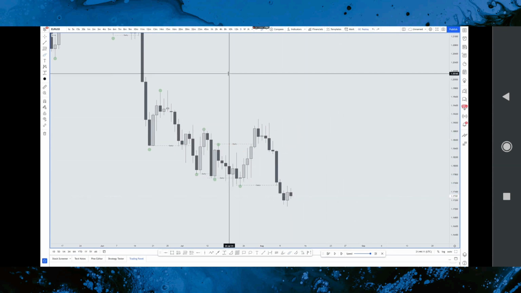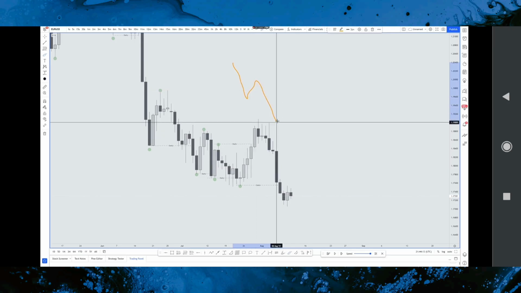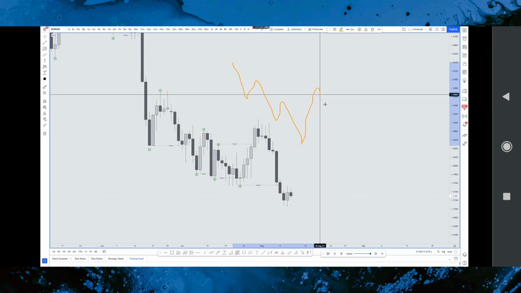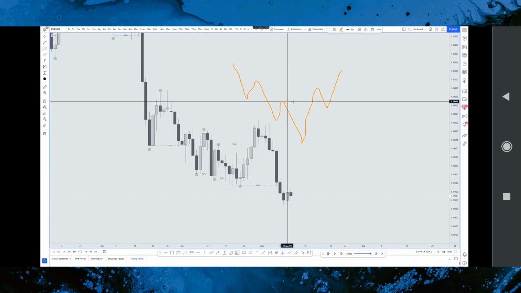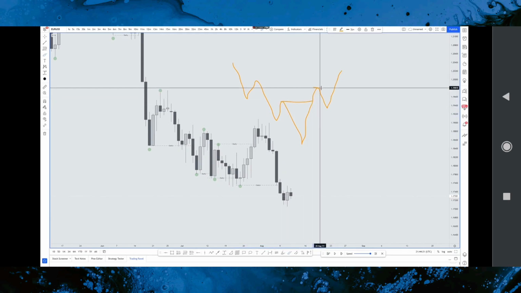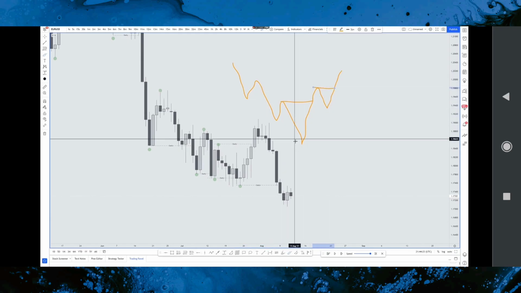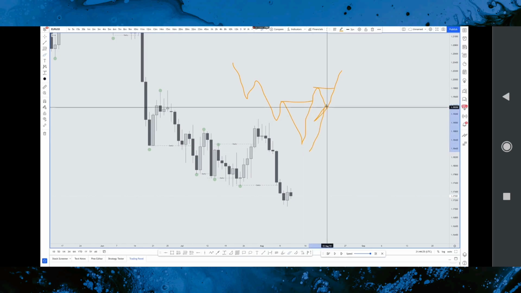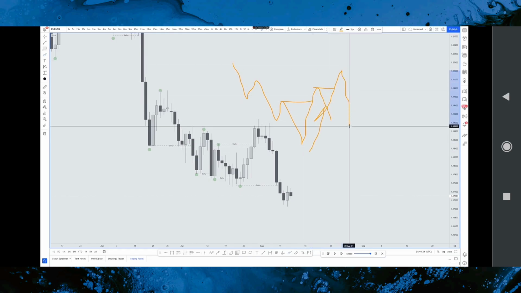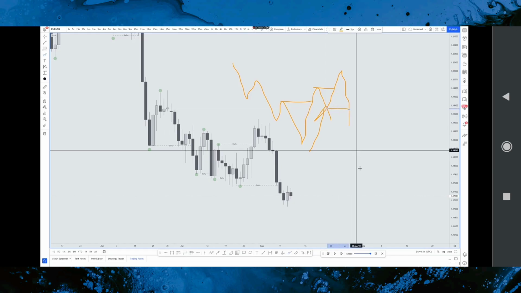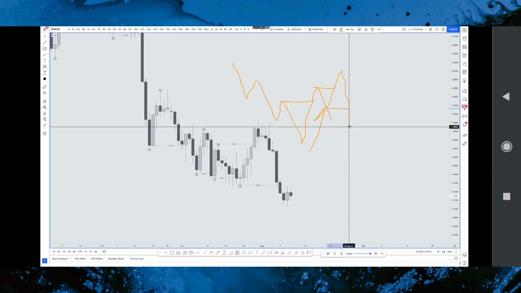To be confirmed as a bullish trend, we would need something along the lines of this, where we make two highs. Now that this high has been taken and this high has been taken, this trend is now confirmed bullish. So now if this became bearish at this point, taking this one low, this is an unconfirmed bearish trend.